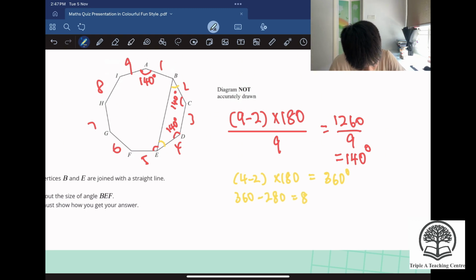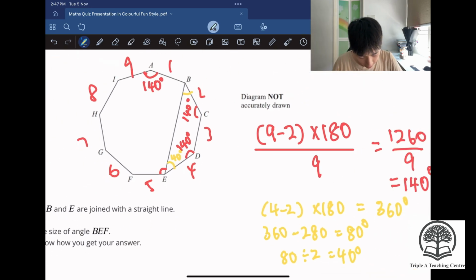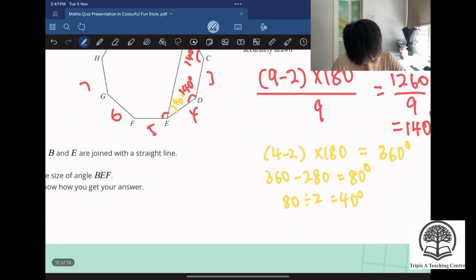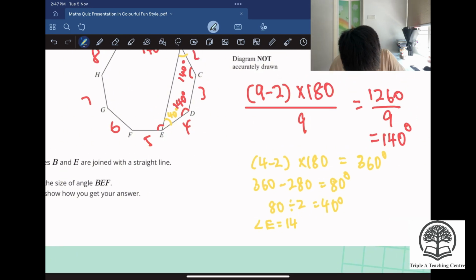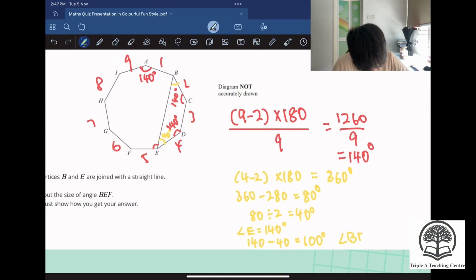That gives us 80. And 80 divided by 2, we know that this angle over here equals 40 degrees. And since the whole angle here equals 140 degrees, we can take 140 minus 40. We can know that angle BEF is 100 degrees. That's how you do it.